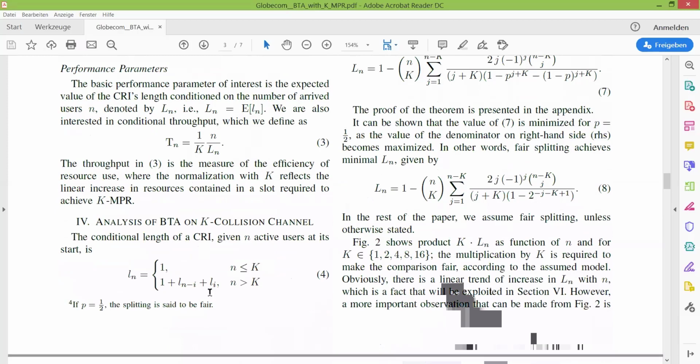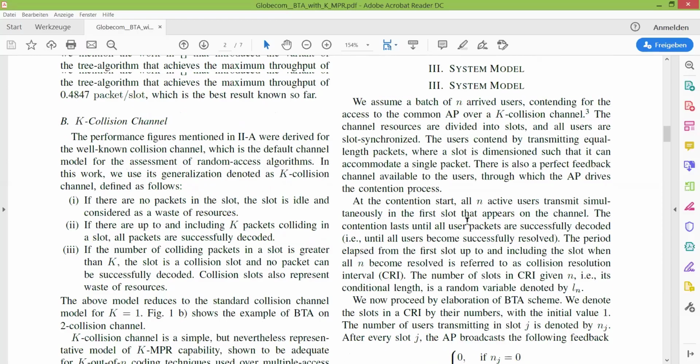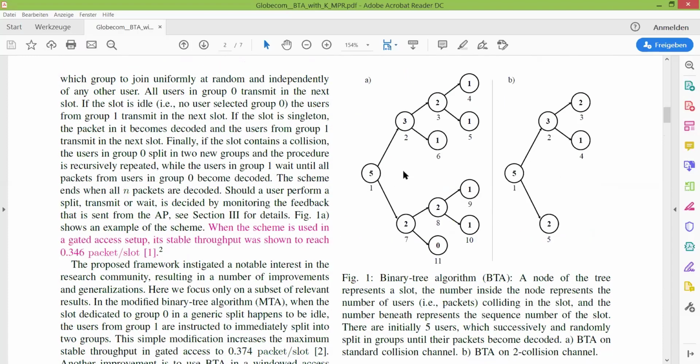I can just calculate the number of slots I need for a tree by just looking at the new trees created from that tree. I don't know, that's too many trees in a sentence, but I think you get the idea. I want to calculate how many slots I need for 5 users. I don't need to count all the possible outcomes of the trees.